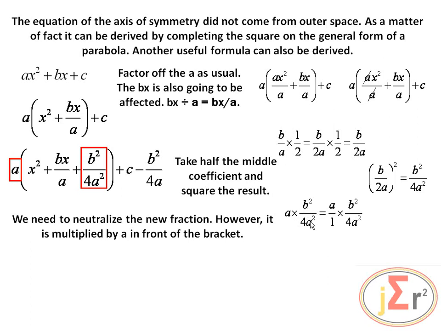What happens? The a cancels with a squared, and of course we get a right there, and the b squared remains. So we have b squared over 4a. So we are actually subtracting b squared over 4a.